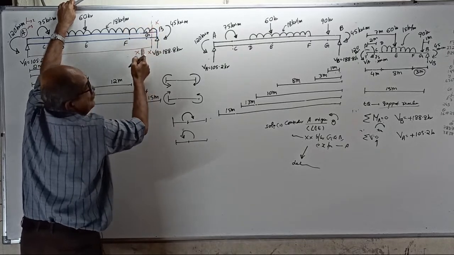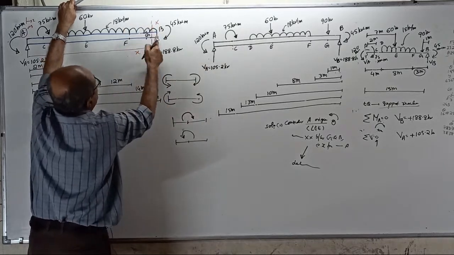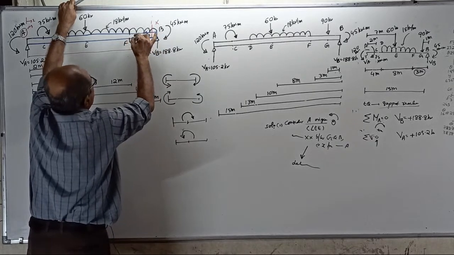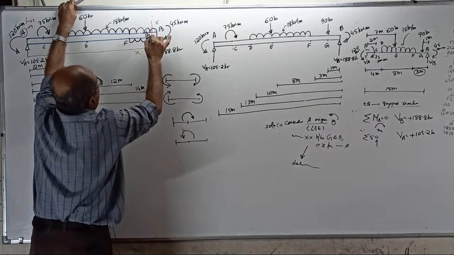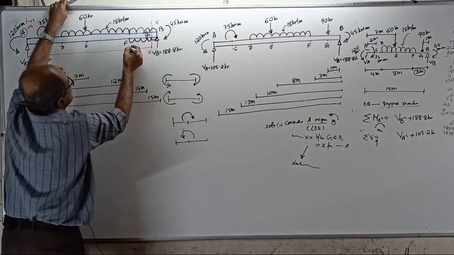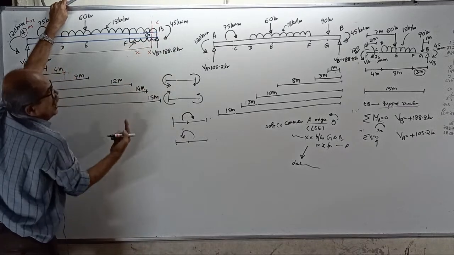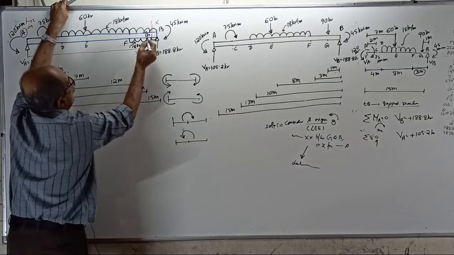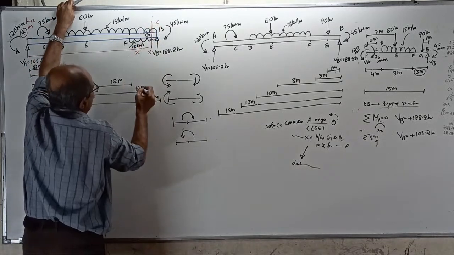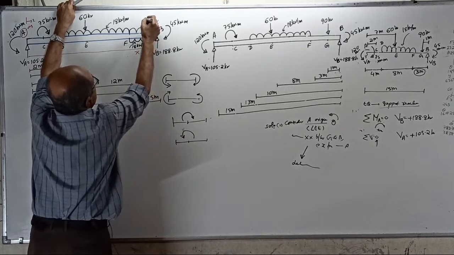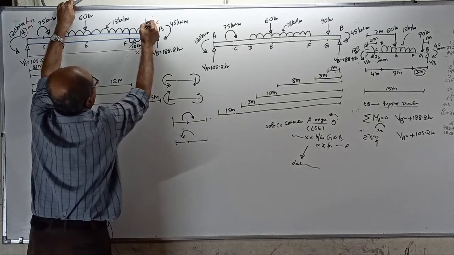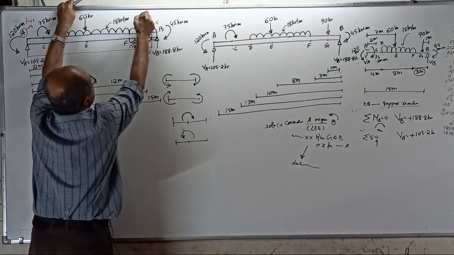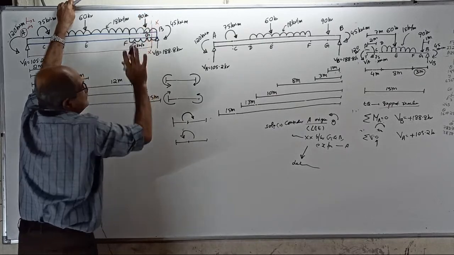And where you extended UDL from F to B, for that portion, introduce the same UDL in opposite direction, 18 kilonewton per meter. Now lift the point load slightly. Okay, now put the point load. How much? 90 kilonewton. Okay. This statement you are right.